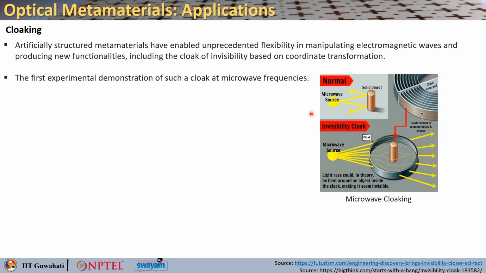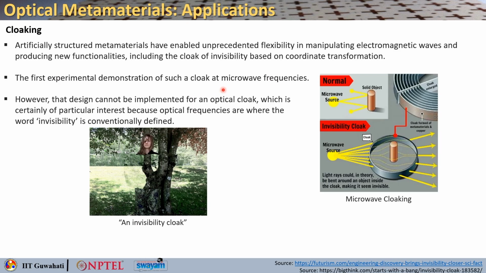This particular figure we have seen earlier shows the first experimental demonstration of a cloak, which was at microwave frequencies. However, the main idea of invisibility will be in the optical domain. Microwave cloaking is also particularly important for stealth applications, which are part of modern warfare.